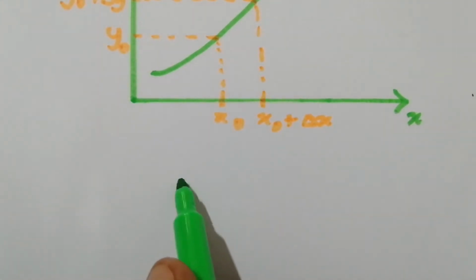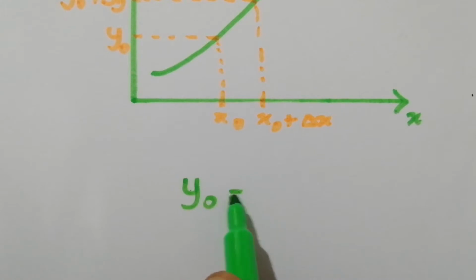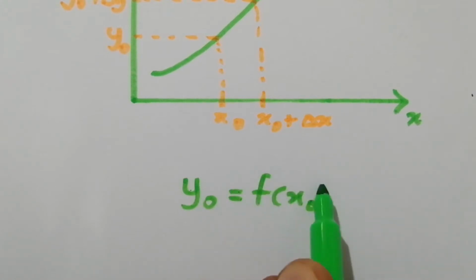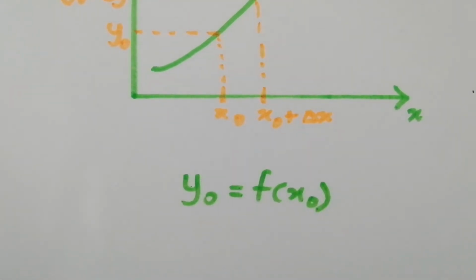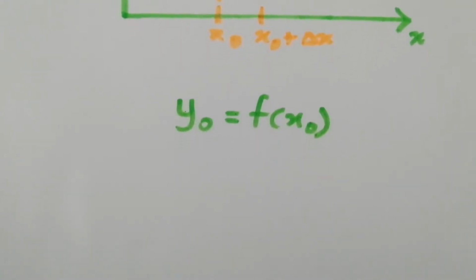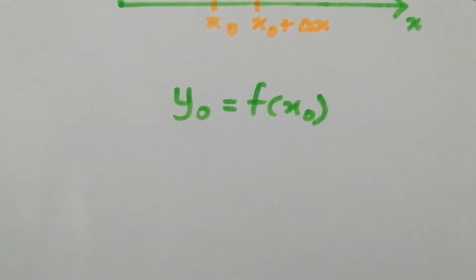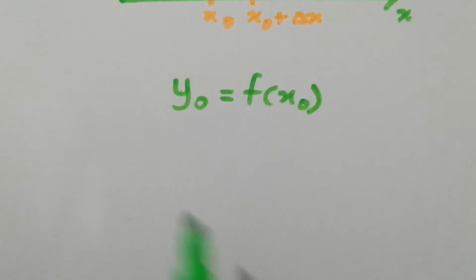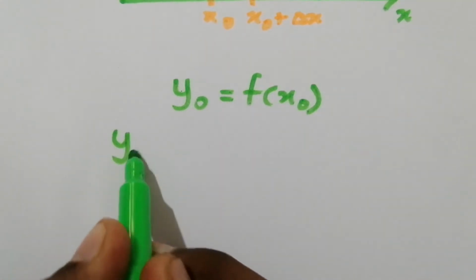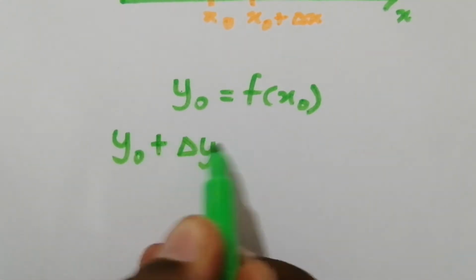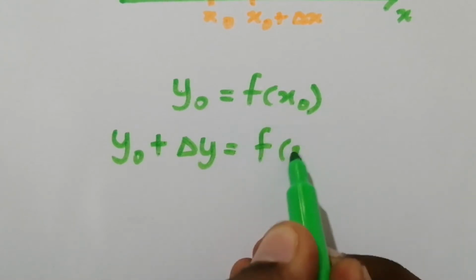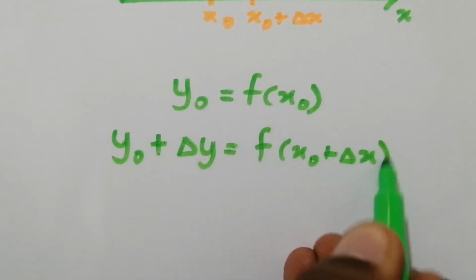The initial function was y0 equal f(x0). Now after changing the value by delta x, the new function is y0 plus delta y equal f(x0 plus delta x).